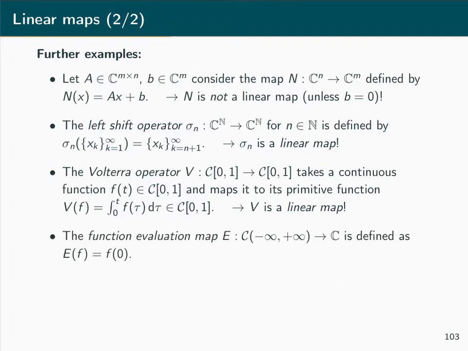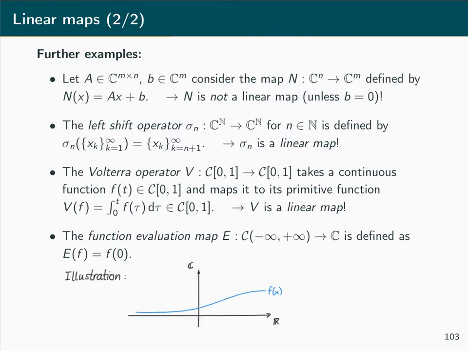As a fourth example, we consider the function evaluation map E, which maps from the space of continuous functions on the interval from minus infinity to plus infinity into the complex numbers, and it's defined as E of the function f is simply the value of the function at the point 0.